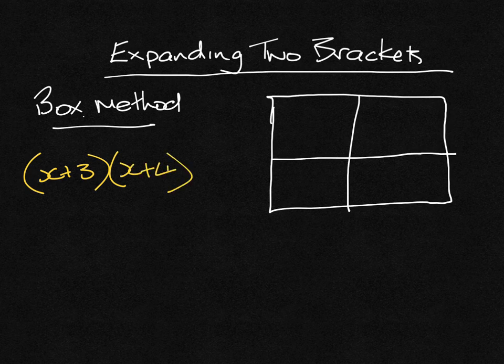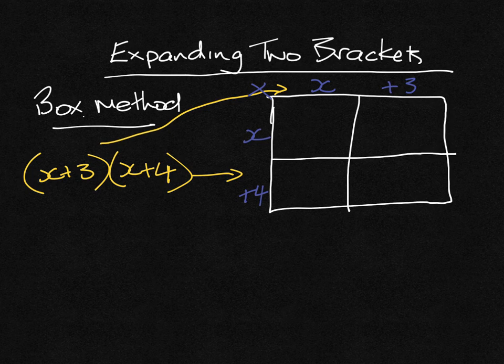We're told we want to expand that. So what we do is we take each bracket and add it to the box, the grid like this. We say x plus 3 up there, and down here we've got x plus 4. And we treat this as a multiplication box.